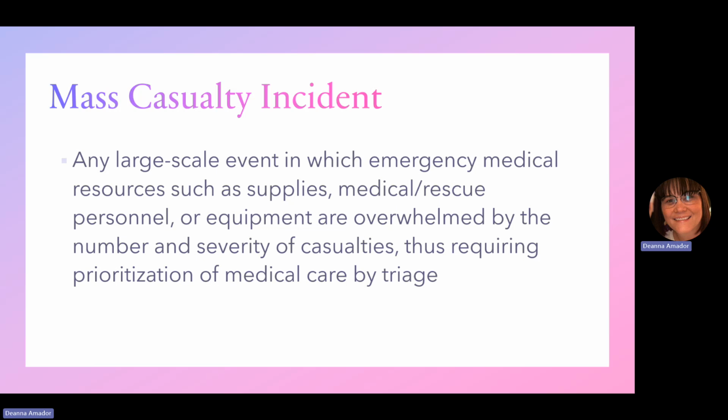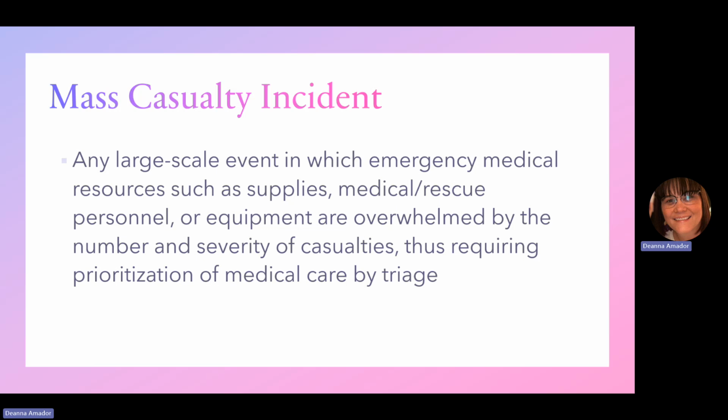Okay. Mass casualty incident. This is any large-scale event in which emergency medical resources such as supplies, medical rescue personnel, or equipment are overwhelmed by the number and severity of casualties, thus requiring prioritization of medical care by triage. A good example of this is any mass shooting.